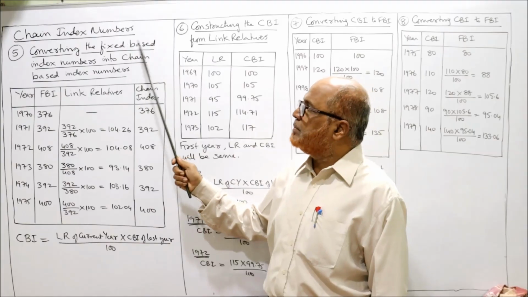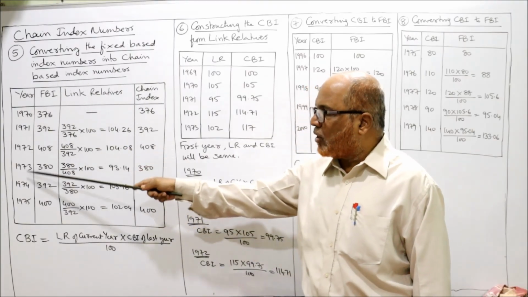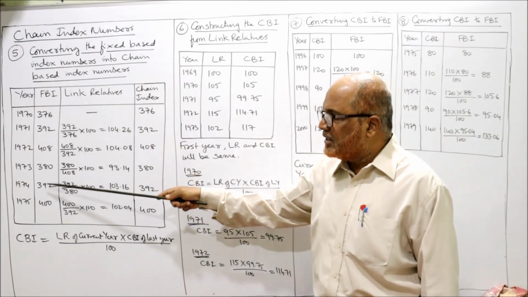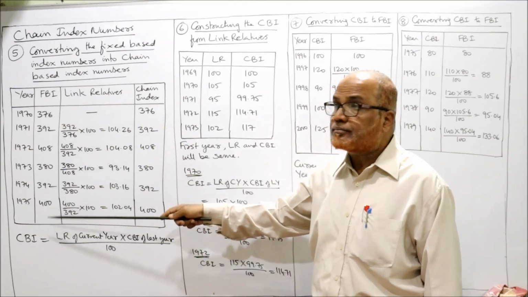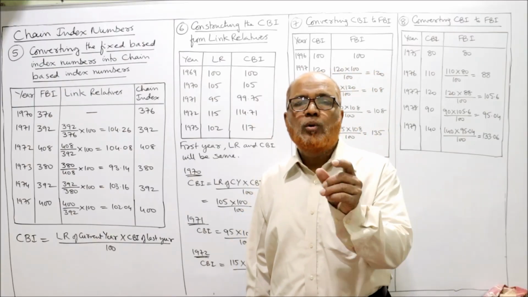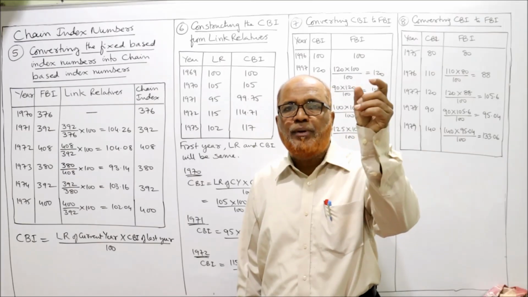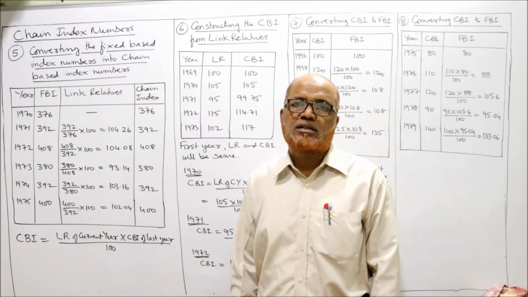Converting the fixed base index numbers into chain based index numbers: first column year, second column FBI, which is given in the problem. Third, we have to calculate the link relative: the FBI of the current year divided by the FBI of the last year into 100.